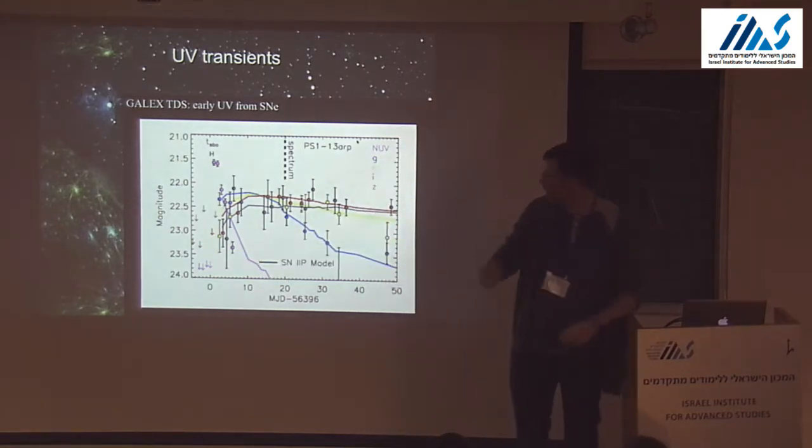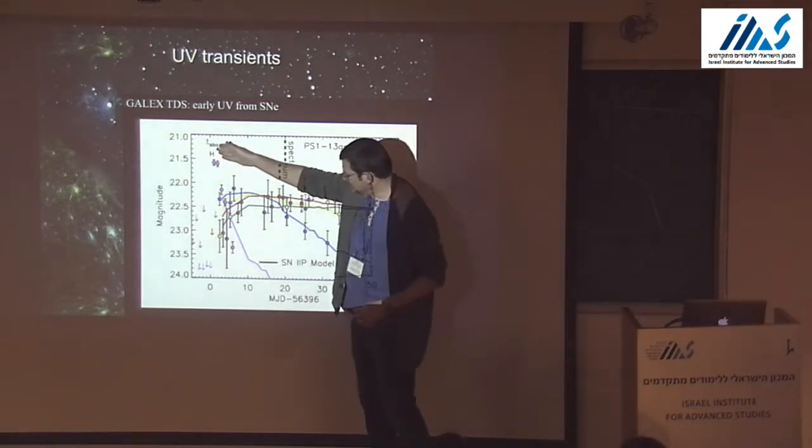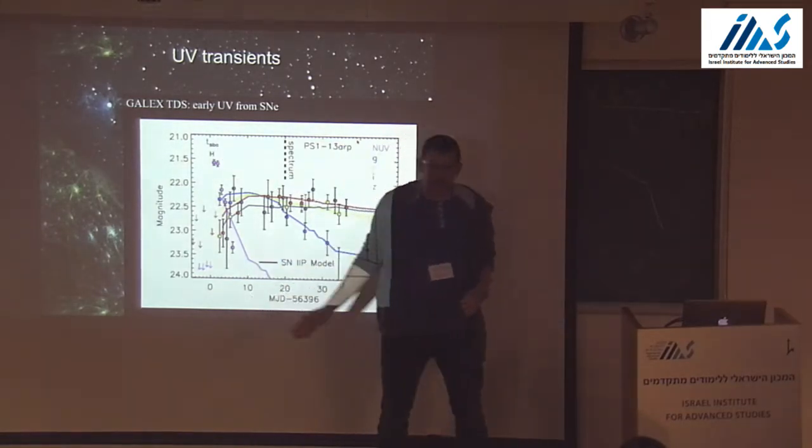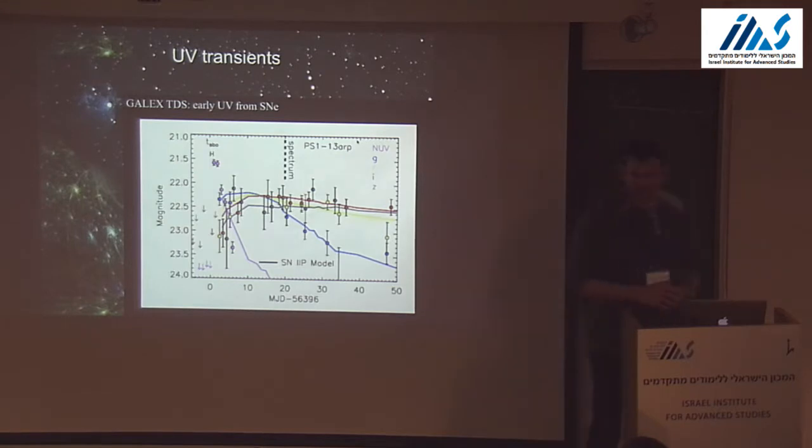Initially, it's quite hot. It has a lot of UV emission, but this emission falls dramatically in the first few days. And this is because typically these things are well approximated by a black body. So the black body peak moves through the UV band. As long as it's at or above the UV, you have a lot of UV, but as soon as it moves below the UV band, the UV just drops like crazy.